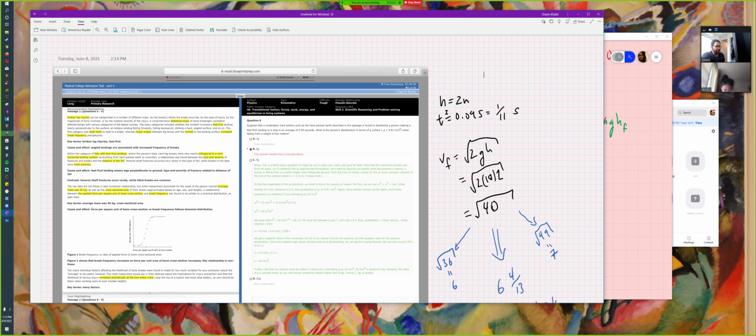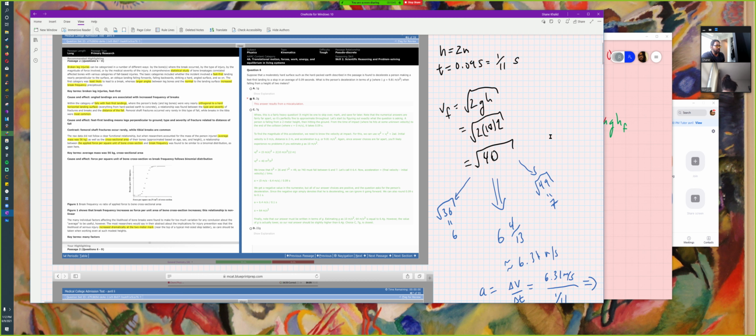So first thing I do is use that equation to find the final velocity. I'm obviously not going to use 9.81, so I'm just going to use 10 for g. So just 2 times 10 times 2, which is 40.